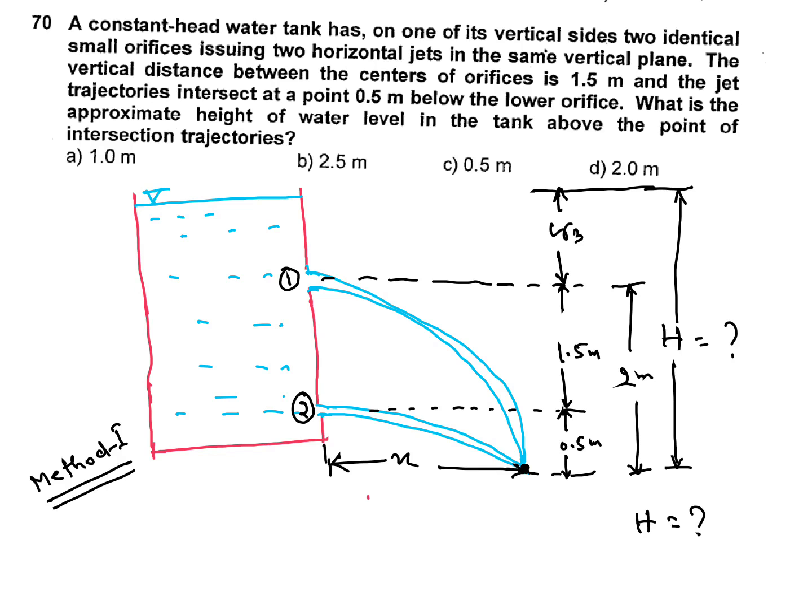So H should be greater than 2 meter. From the options, A is not possible, C also not possible, D also not possible, because it is 2 plus Y3 meters. Y3 value is greater than 0, so B is our answer. This method we can use, or calculation also we can do.